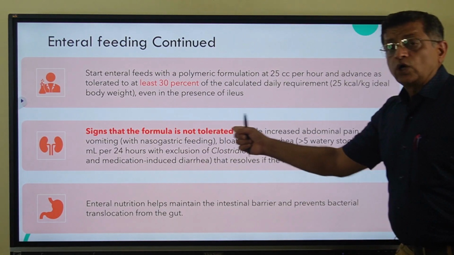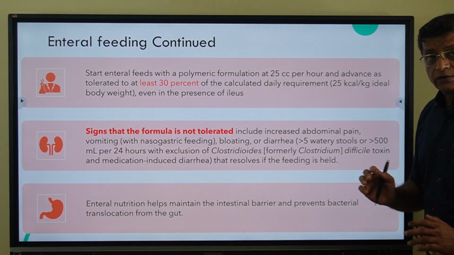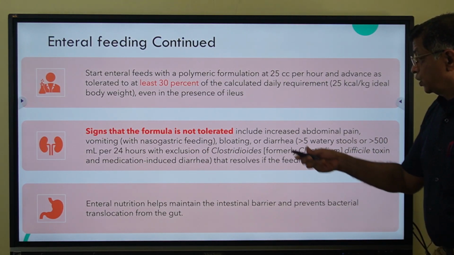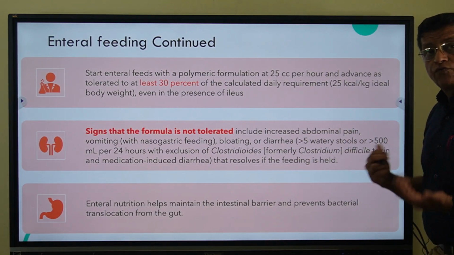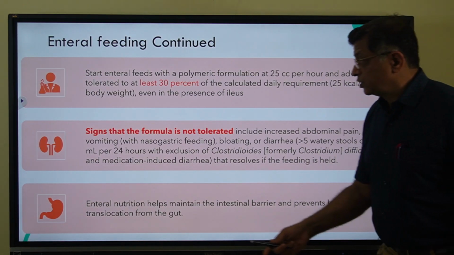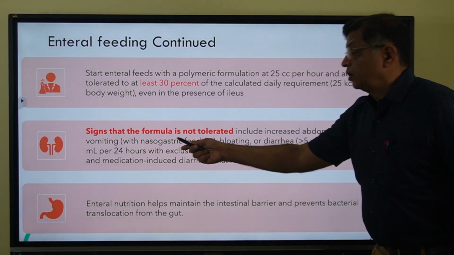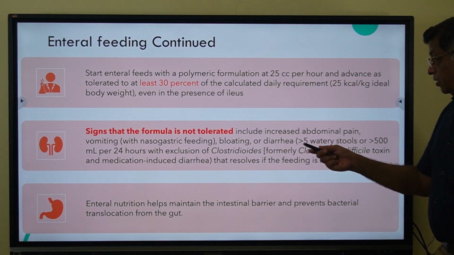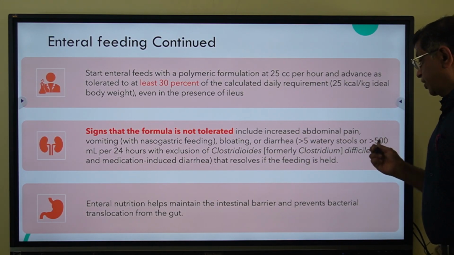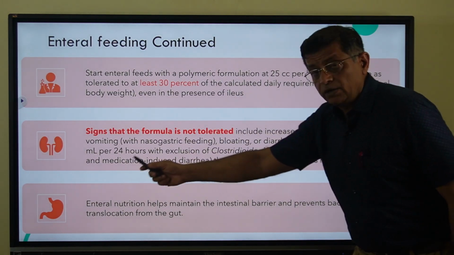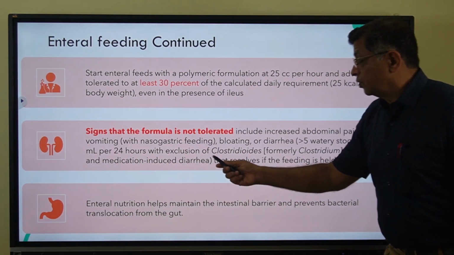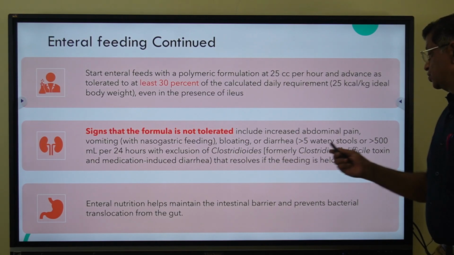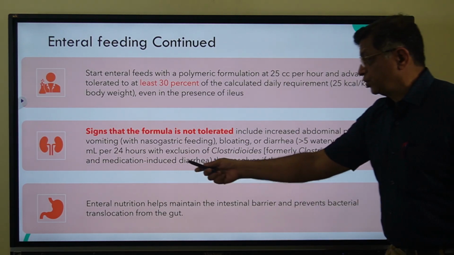Signs that the formula is not tolerated. So when do you think that the formula is not being tolerated? Signs include increased abdominal pain. Whenever you give feeds, the abdominal pain is increasing, or the patient has vomiting, or the patient has bloating or diarrhea. Here diarrhea is defined as more than 5 watery stools or more than 500 ml in 24 hours, excluding Clostridioides difficile toxin and medication induced diarrhea.